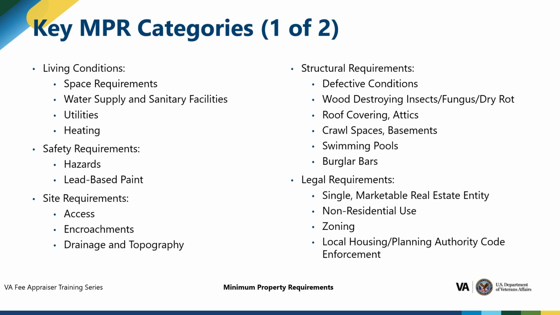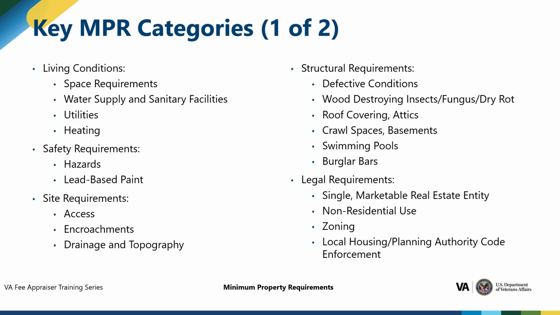These are the key MPR categories and their related MPRs per Chapter 12 of the Lender's Handbook. Living conditions, such as space requirements, water supply and sanitary facilities, utilities, and heating. Safety requirements related to hazards and lead-based paint. Site requirements related to access, encroachments, drainage, and topography.